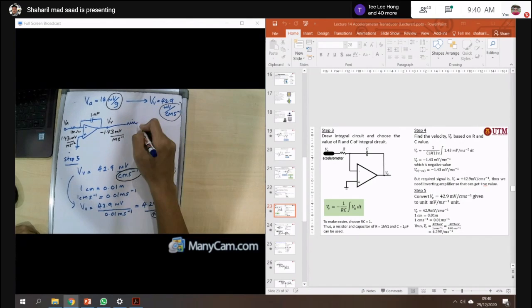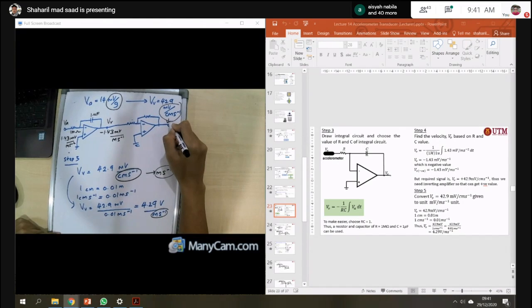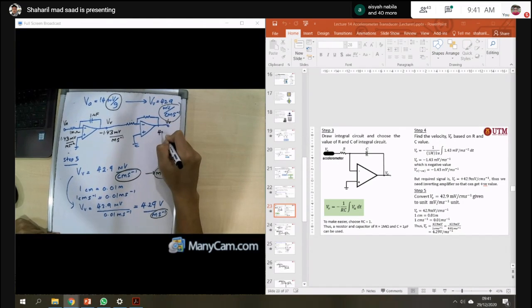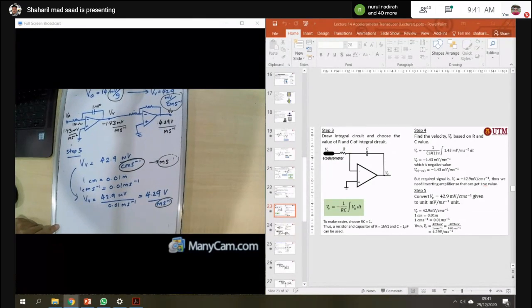So what we need here is one more inverting amplifier. Then the VB that you want is 4.29 volt per meter per second.